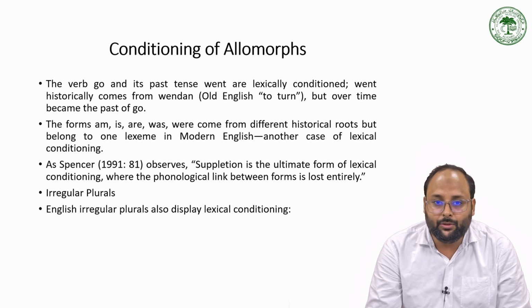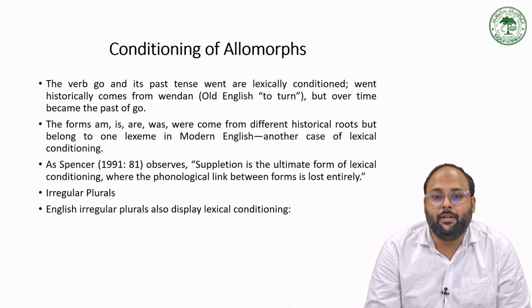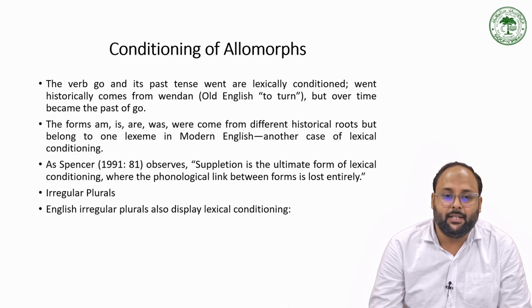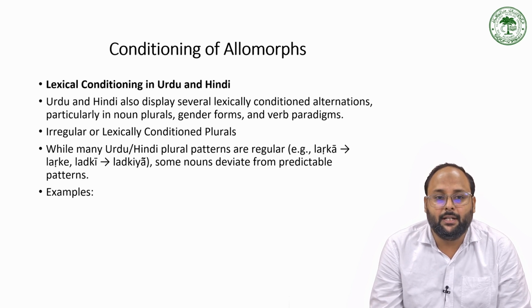Now they are used in that irregular form, but once they came from different roots in Old English, where they had different meanings. But now they are used as one form. The example of suppletion also comes under lexical conditioning, and so do irregular plurals. English irregular plurals are lexical conditioning.